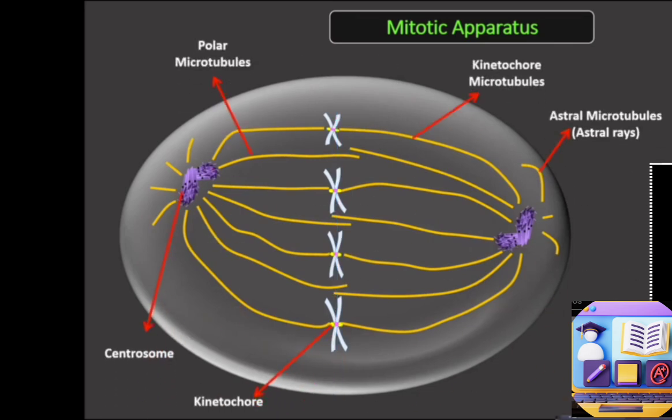These microtubules can be astral microtubules or astral rays present at the polar region, kinetochore microtubules which connect the polar region to the kinetochore region of the chromosome, or polar microtubules which basically stabilize the mitotic apparatus. That is how the entire mitotic apparatus is formed from two asters at two different poles and the associated spindle fibers.